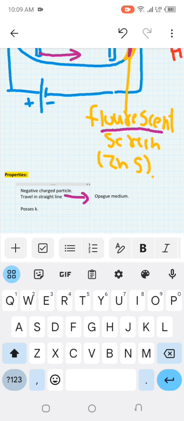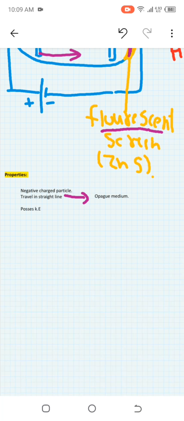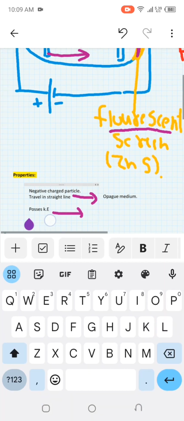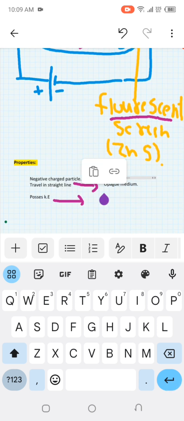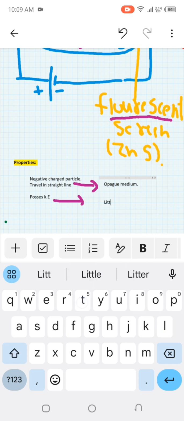Now, how do we identify that these electrons possess kinetic energy? They placed a little paddle wheel.